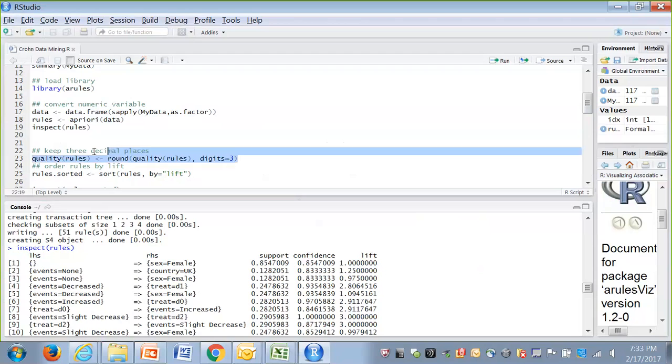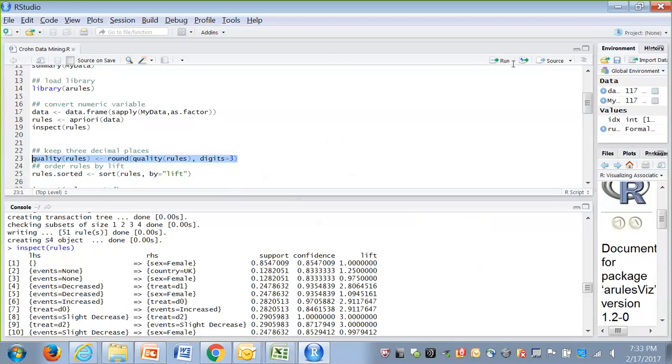Some quality rules. You're looking at lift. You want to keep your high-level rules, and I'll show you what that means.